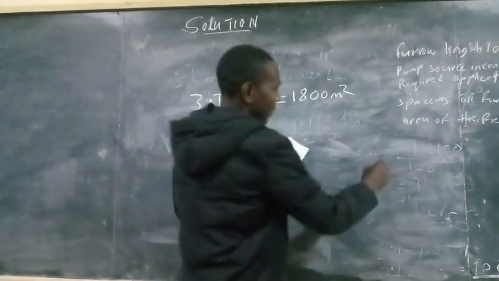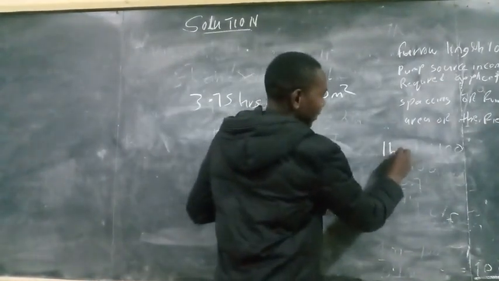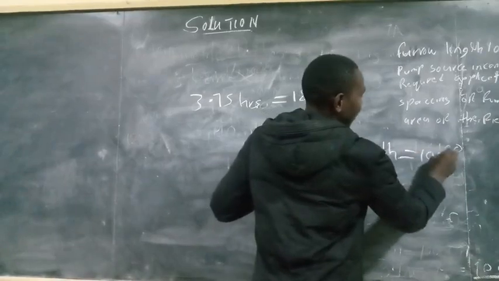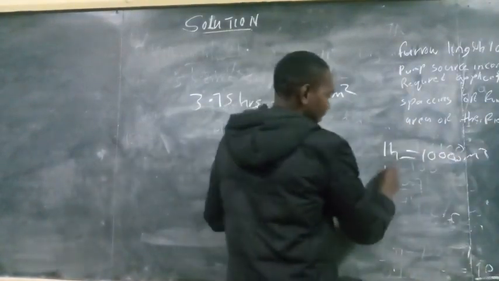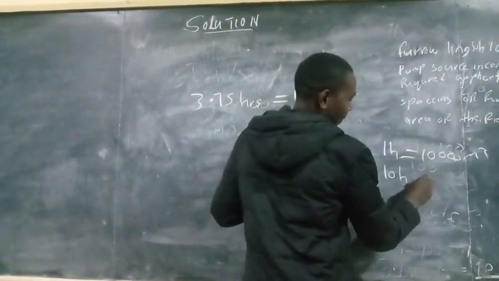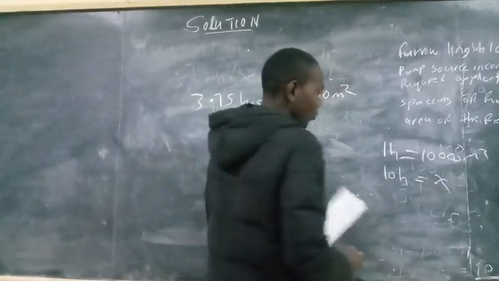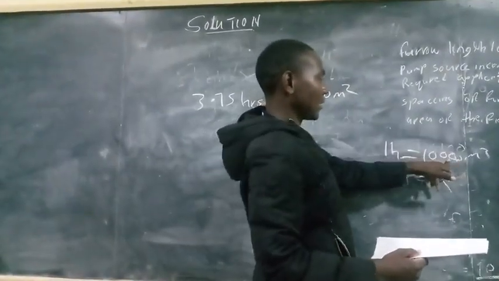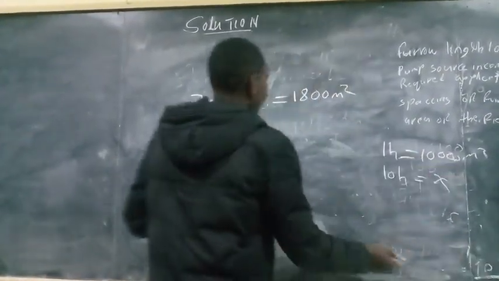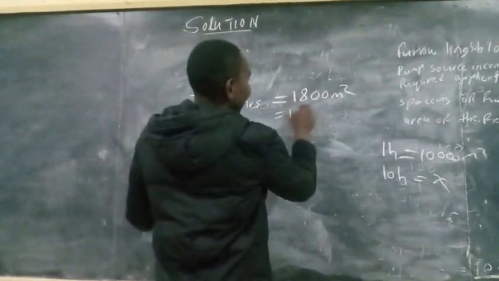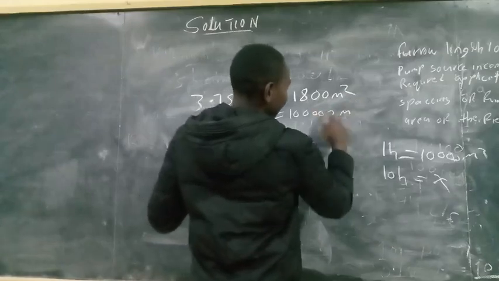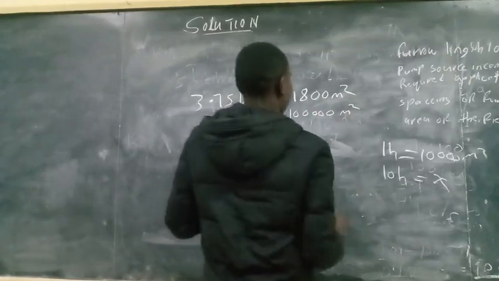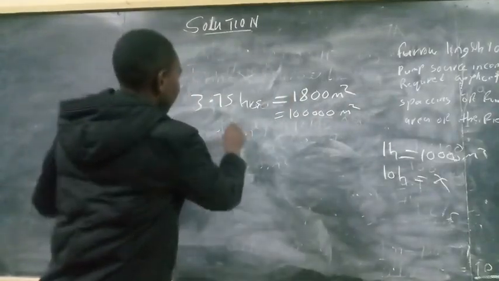We all know that 1 hectare equals 10,000 meters squared. So you're just going to multiply 10 times 10,000, which will lead you to 100,000 meters squared. So now, here is our X.